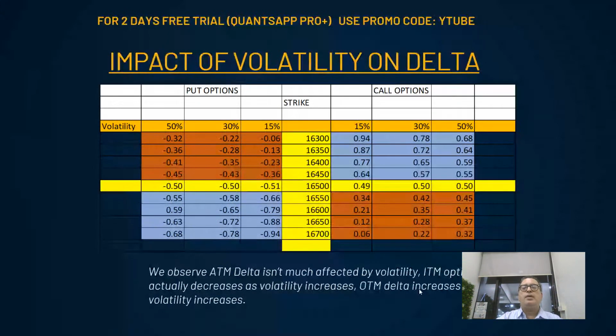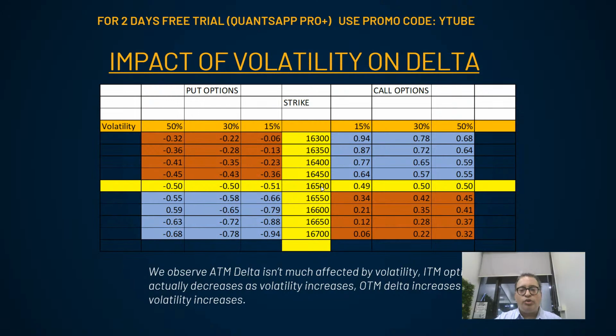So the probability of that remaining in the money will naturally drop. That's why we are seeing 0.68 for a 16,300 call. Of course, at the money it remains roughly at 0.5. So that's what we are noticing.